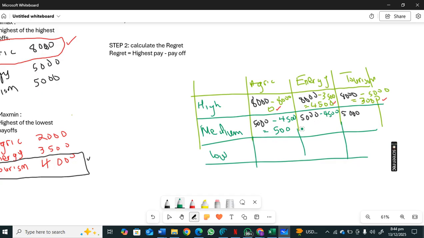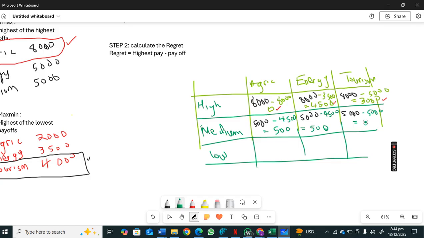Five thousand minus 4,500. So when demand is medium and you choose to invest in the energy sector, you lose out on 500. In this case, the tourism sector is the best because there is no regret. 5,000 minus 5,000 gives us 0.